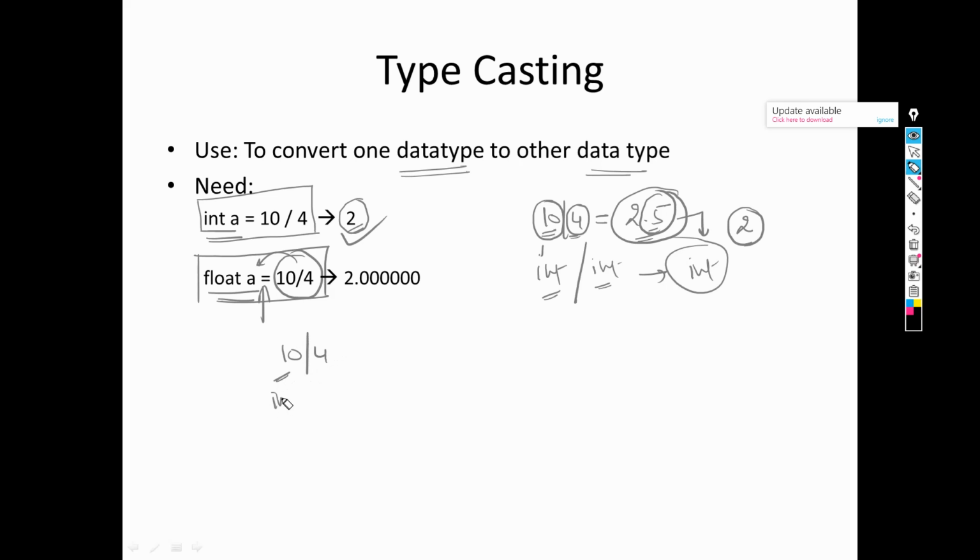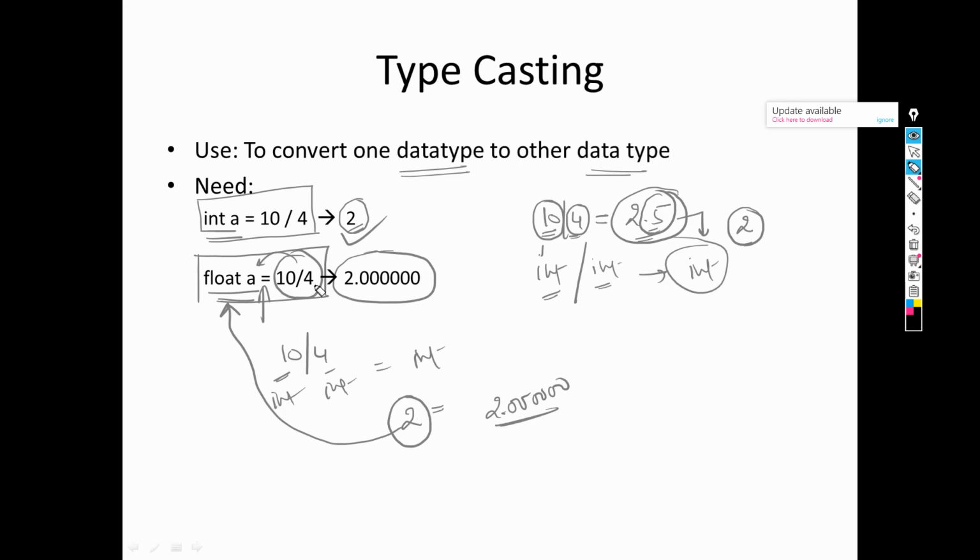10 is integer, 4 is integer, so the answer should be an integer. The answer will come here as 2 in place of 2.5. Then this 2 will be assigned to float, so the representation of 2 in float is 2.000000. Just by writing float here will not serve the purpose. Why?